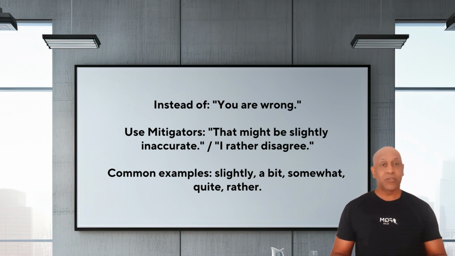Common examples: slightly, a bit, somewhat, quite, rather. As an English learner, using these tools allows you to control the tone of your communication, making it polite in formal settings using mitigators, or highly persuasive in informal settings using intensifiers.